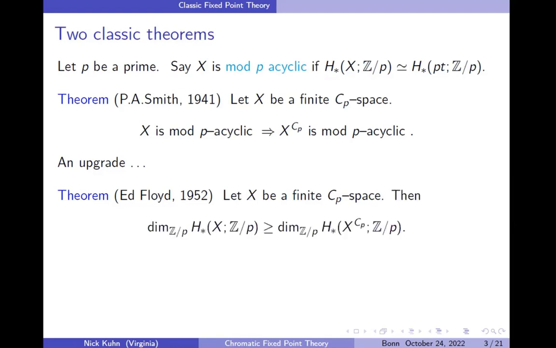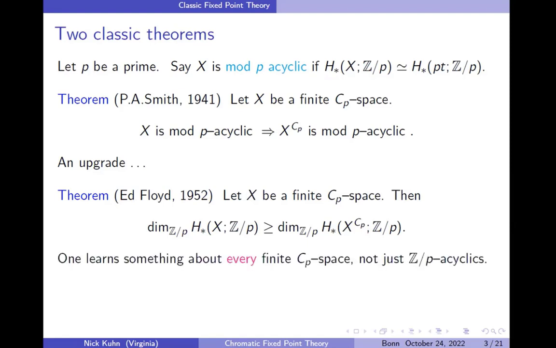Anyway, this is the upgrade: if you have a finite G space, then the total dimension of the mod P homology of X is bigger than the homology of the fixed point set. So you're learning something about every G space. It's better, right? And perhaps you could almost have seen this in the older work, but anyway.